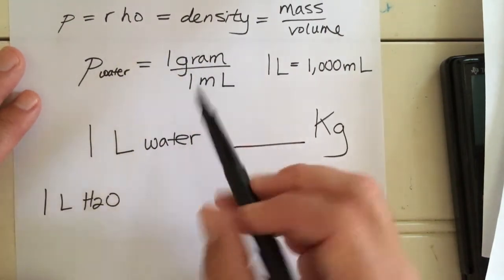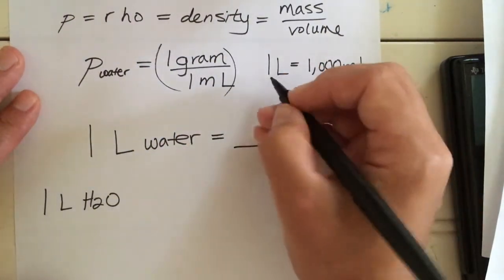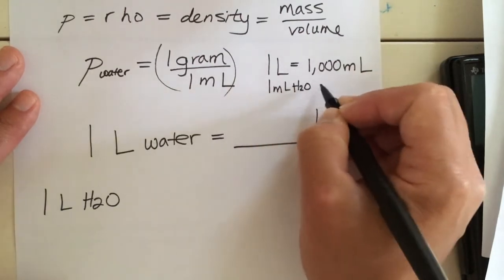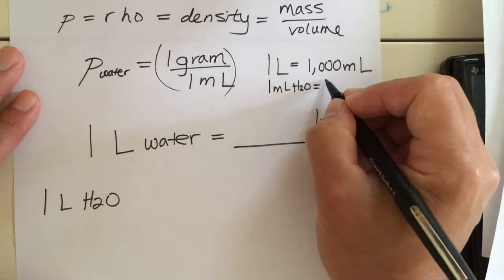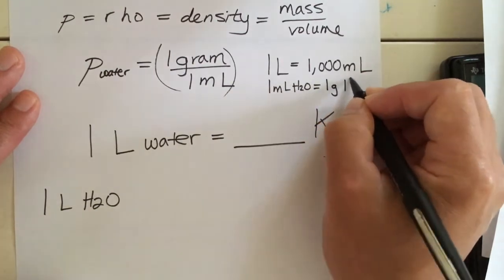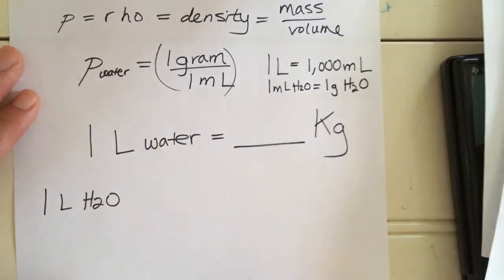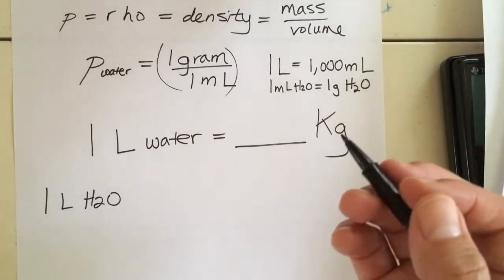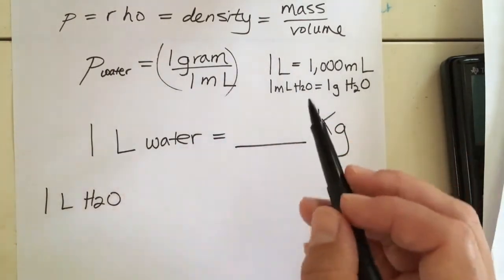Because this is a conversion factor right here. This is an equality: the fact that 1 milliliter of H2O is equal to 1 gram of H2O, because that's the density of water. So these are our 2 equalities we're using.